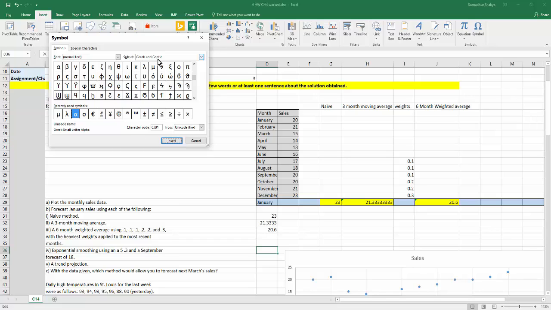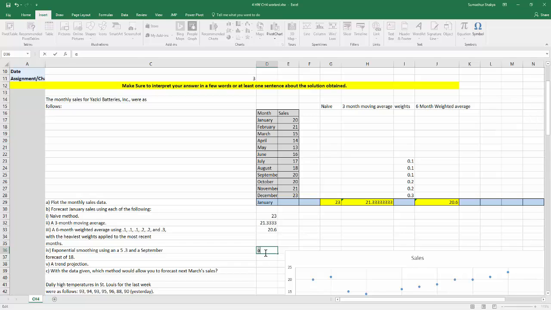So make sure, remember Greek and Coptic and normal text, that's where you get to see alpha. If it's not here, if you keep this heading and this subheading, you should be able to find it somewhere close by here. Okay, so insert alpha, close. Then I can bring it back here.